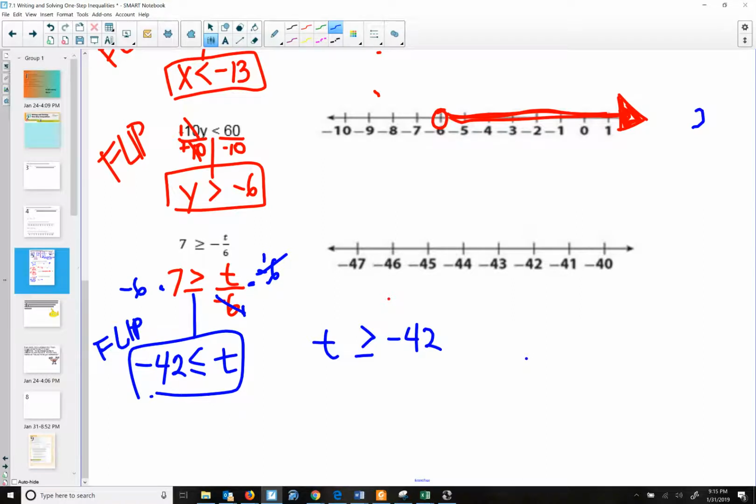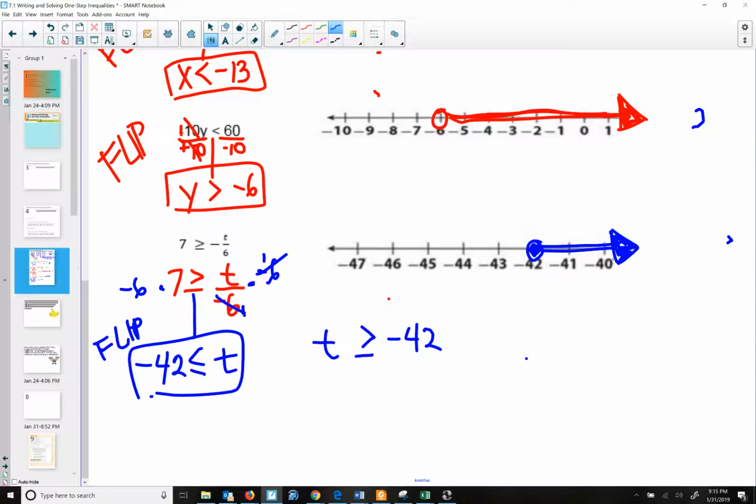All right, so here's your inequality. t is greater than or equal to negative 42. Put your circle at negative 42. This one has an equal sign, so I'm going to color it in. It says greater than, which means to the right. So we're going to shade this way and fill in this arrow solid.